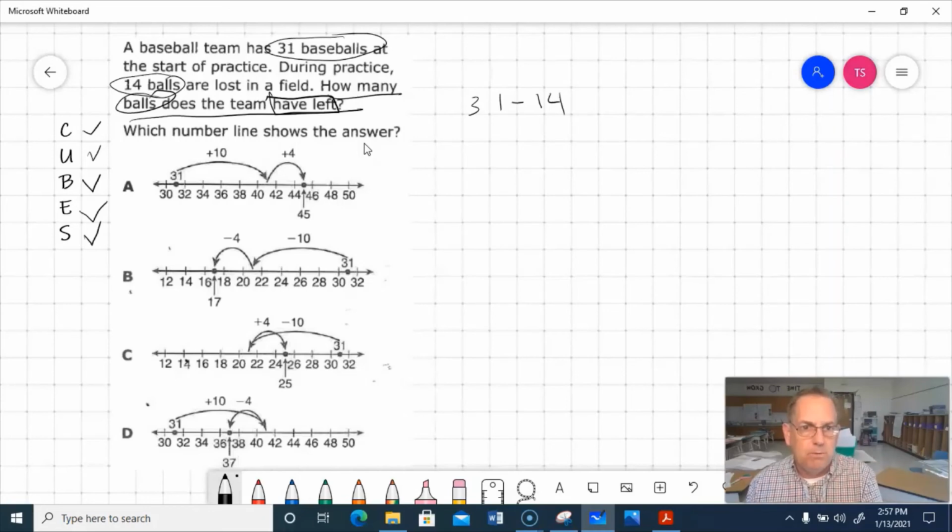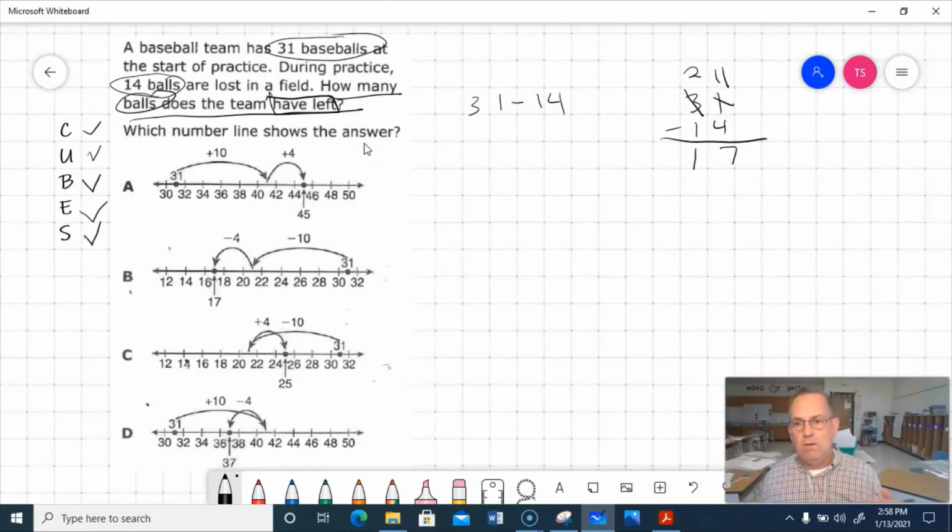Okay, we'll work it out real quick. We'll stack it up. So 31 minus 14. Can I take 4 from 1? So I'm going to have to regroup from my tens place. That's going to leave 2 tens and give me 11 ones. Then 4 from 11 is 7. And then 1 from 2 is 1. 17.